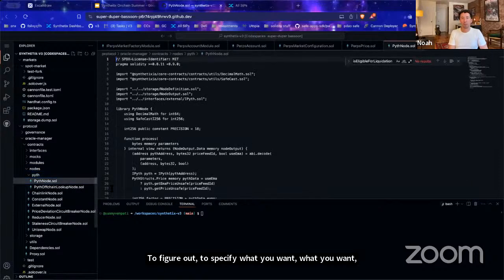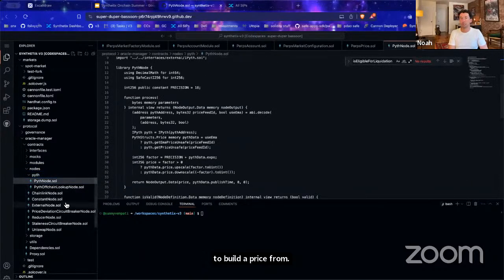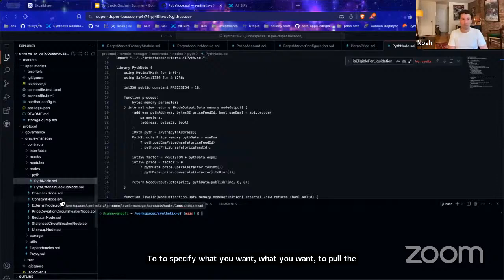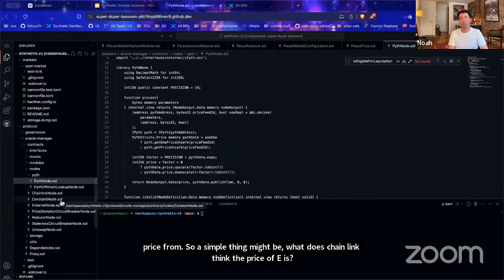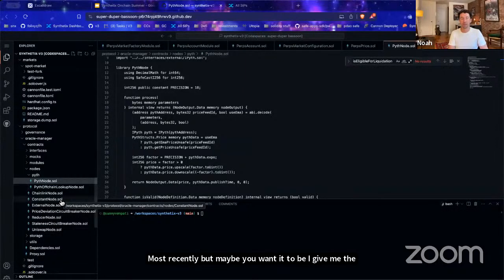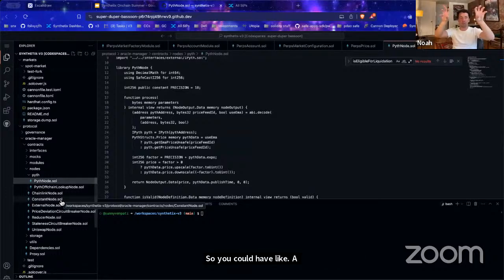A simple thing might be what Chainlink thinks the price of ETH is most recently. But maybe you want the average of what Chainlink and what Pyth think the price of ETH is most recently. So you could have a Pyth node, a Chainlink node, and then they connect to a node to average them, and then you use that one for the price.